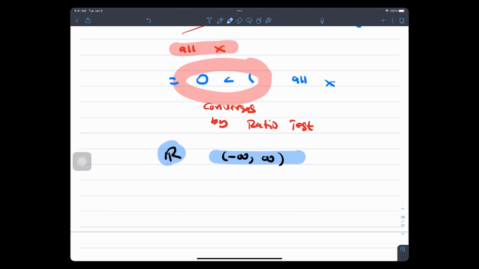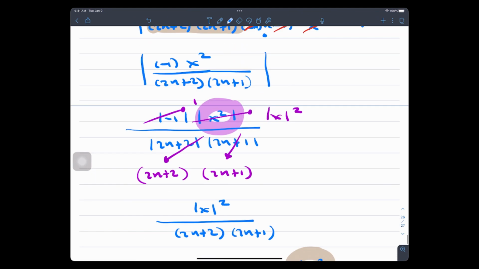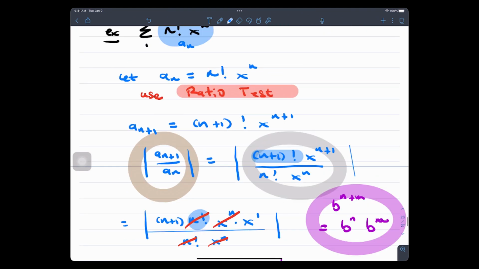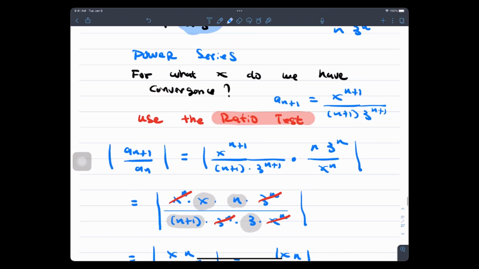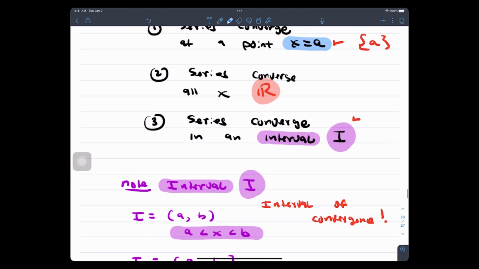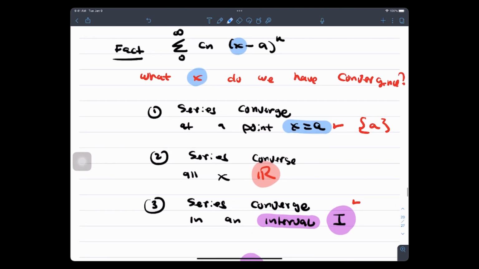So what we've seen is the examples where all three situations, right? We've seen where the answer is an interval. We've seen where the answer is a what? This is our conclusion here. Let's go back. We've seen power series converge now for all of these situations.